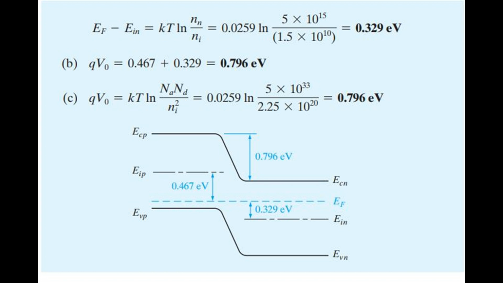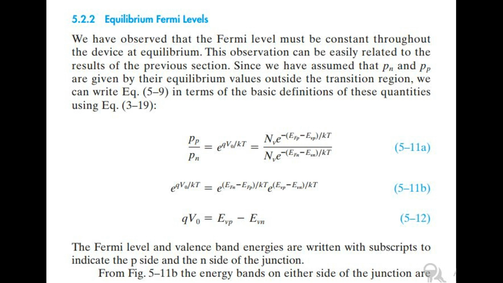The Fermi level and valence band energies are written with subscripts to indicate the p side and the n side of the junction. From Fig. 5-11b the energy bands on either side of the junction are separated by the contact potential V0 times the electronic charge q, thus the energy difference ΔE_v is just qV0.